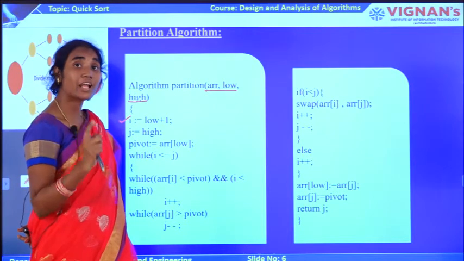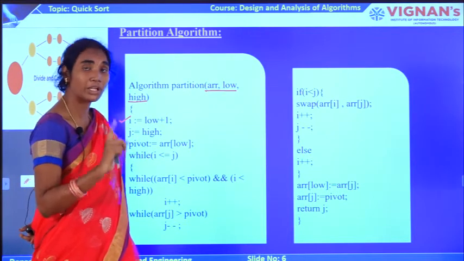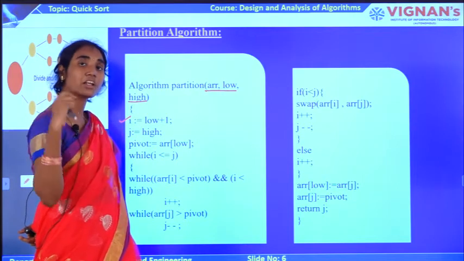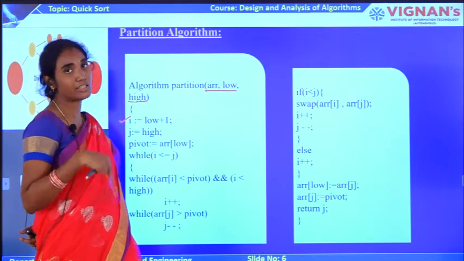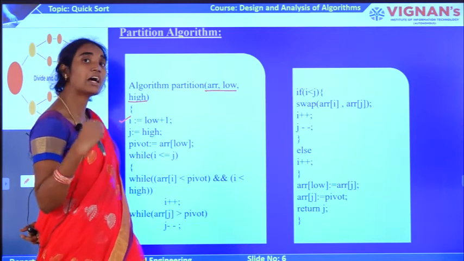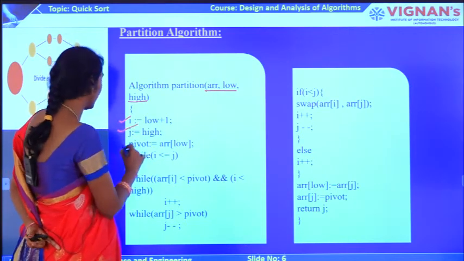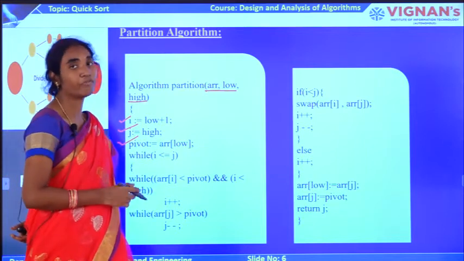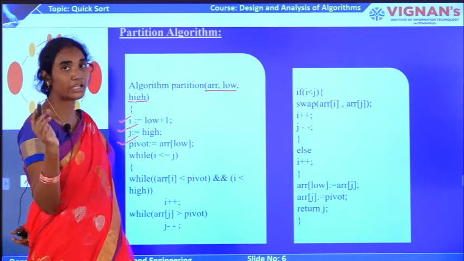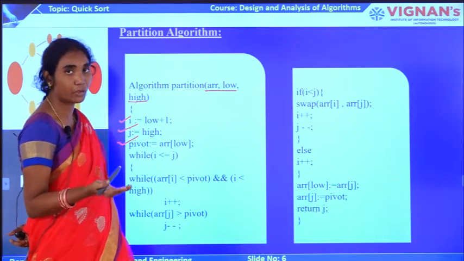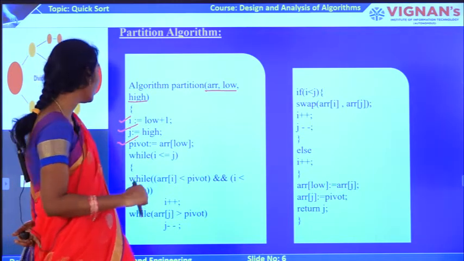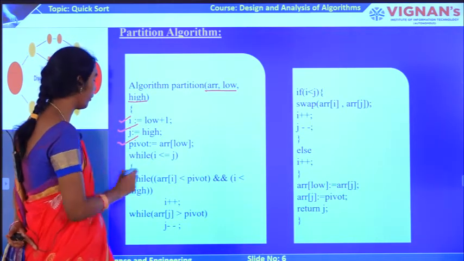Because here I have taken the first element as a pivot element. A of low I am taking as the pivot element. So that's why i starts from the next location of your pivot. Now j is equal to high and pivot is equal to array of low. j points to the last location and i points to the pivot's next location, as the pivot is the first element.